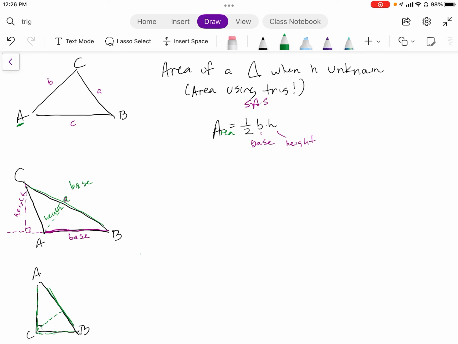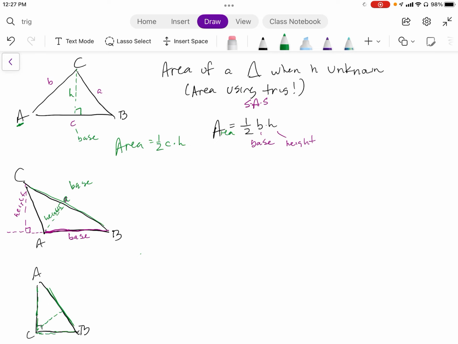All right, so let's stick with this as our height, our h, that perpendicular from the vertex C down to the side length c. If that is the case, then I know that this area is equivalent to 1/2. The base here is c, and then times the height.